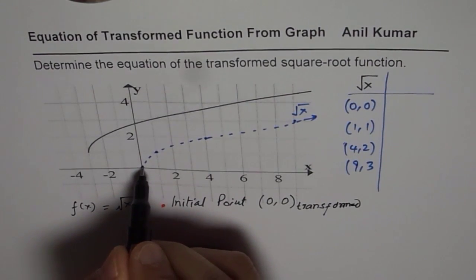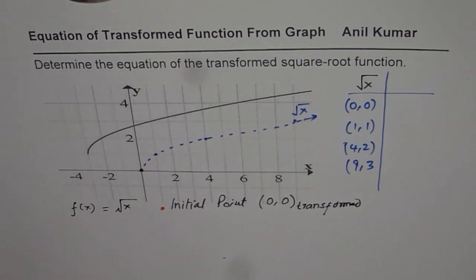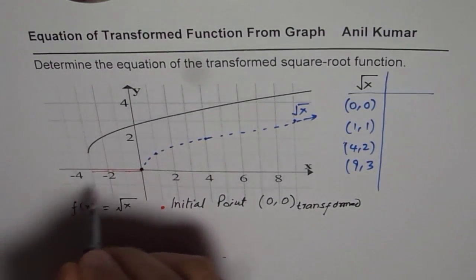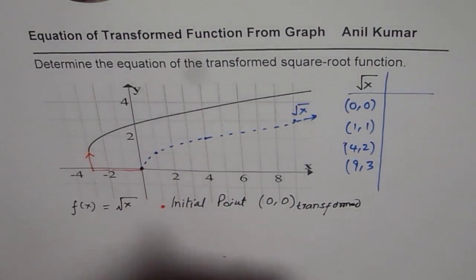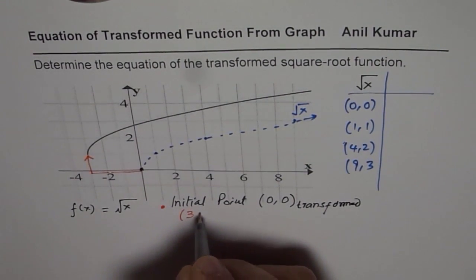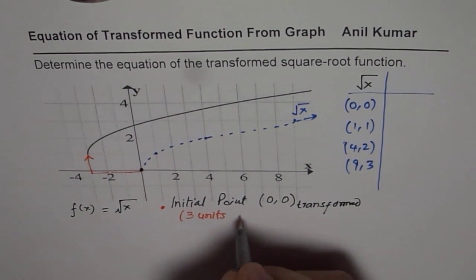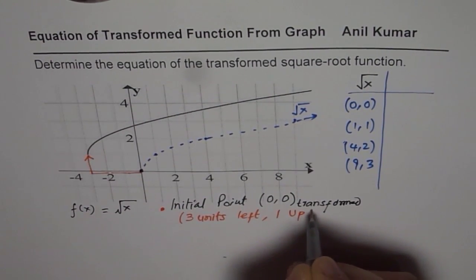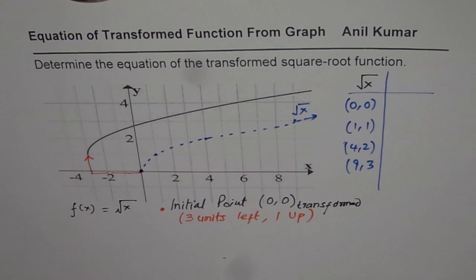Now this point clearly has moved 1, 2, 3 units left and 1 up. So from here, what we observe is it has moved 3 units left and 1 up. So that is the kind of translation which we are looking into, right?